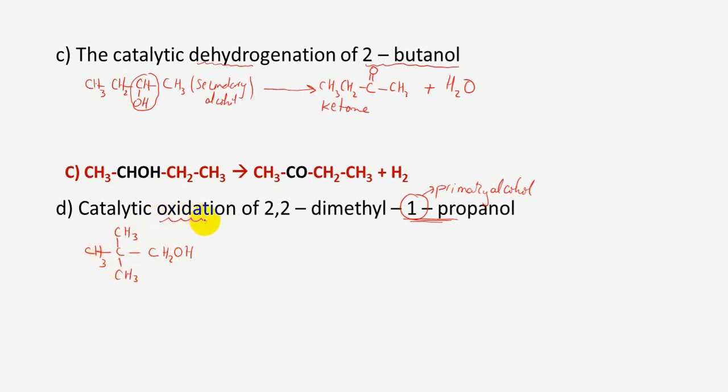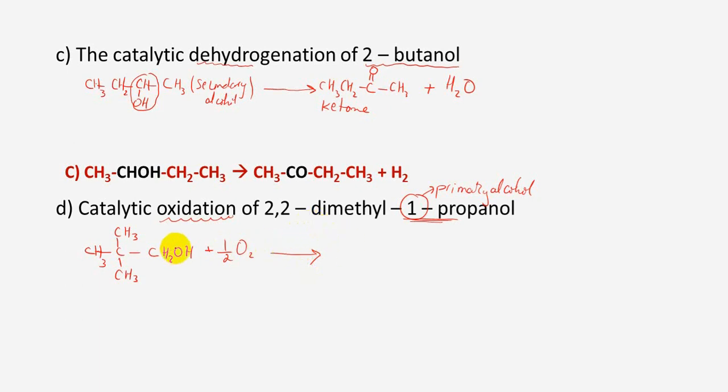Since we have a catalytic oxidation, plus half O2, since there is no excess of oxygen gas, so we have half O2. Then the product is the aldehyde. When our primary alcohol undergoes oxidation, if the amount of oxygen gas is sufficient, it will change into aldehyde.